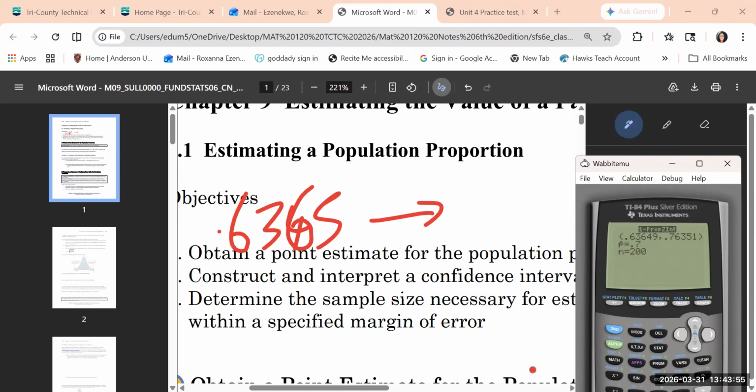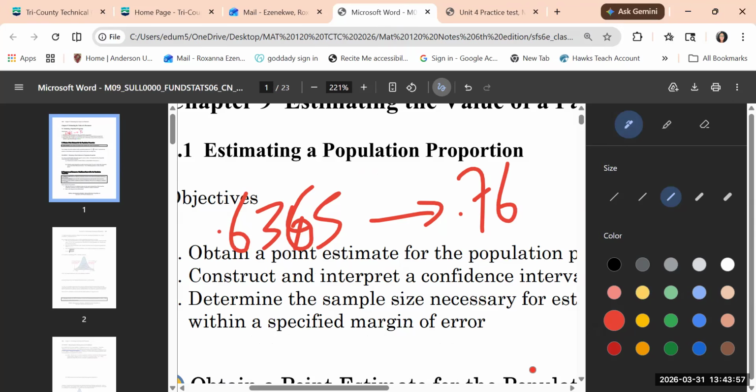0.7635. What does this mean? This means that the estimate of the population proportion lies between 0.6365 to 0.7635.